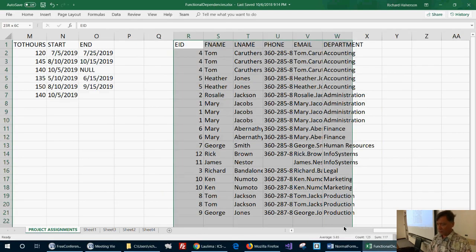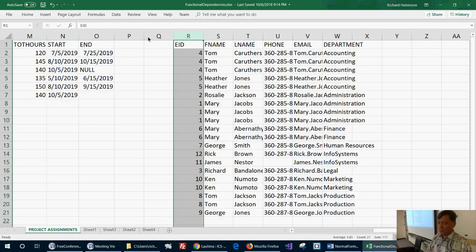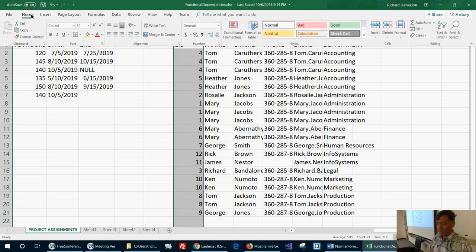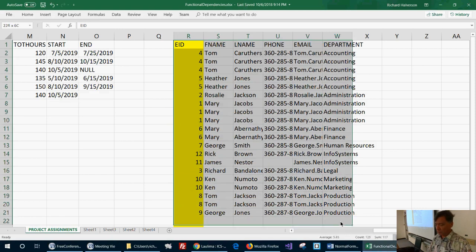Now, in this case, all of the non-key attributes depend only on the key. But this is not in first normal form because there are duplicate keys.